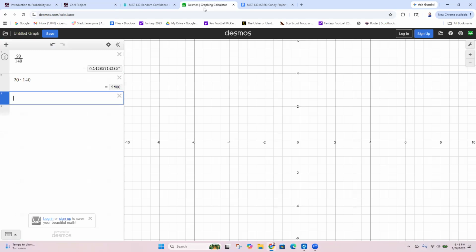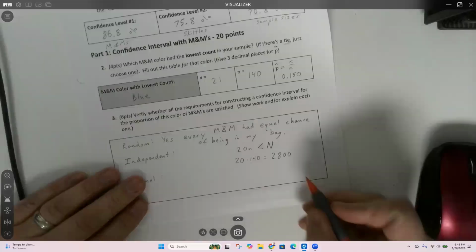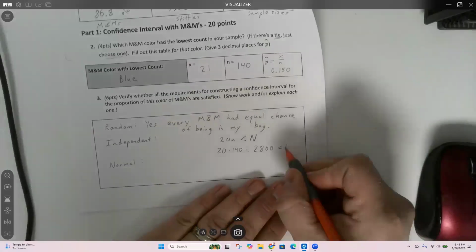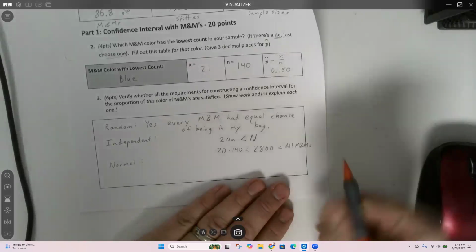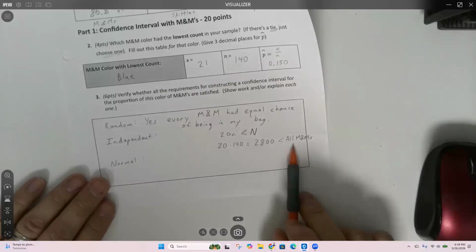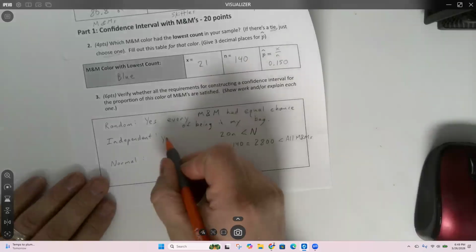And I get 2,800. All right. So is that less than my population? My population is all M&Ms. So are there more than 2,800 M&Ms in the world? Yeah, there's way more than that, right? This is definitely a yes. Okay.